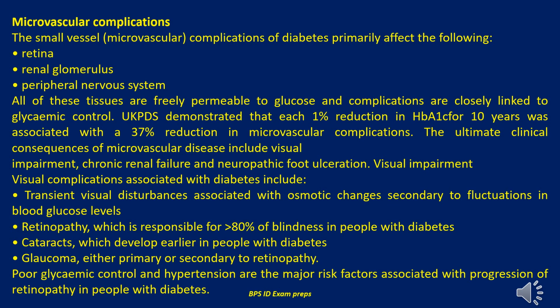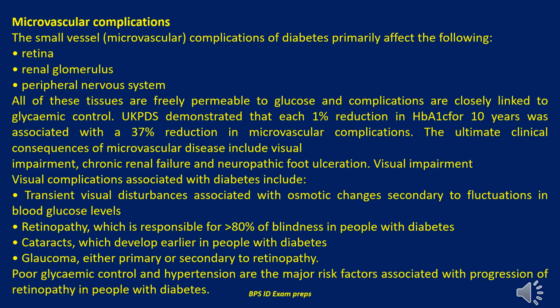UKPDS demonstrated that each 1% reduction in HbA1c for 10 years was associated with a 37% reduction in microvascular complications. The ultimate clinical consequences of microvascular disease include visual impairment, chronic renal failure, and neuropathic foot ulceration.